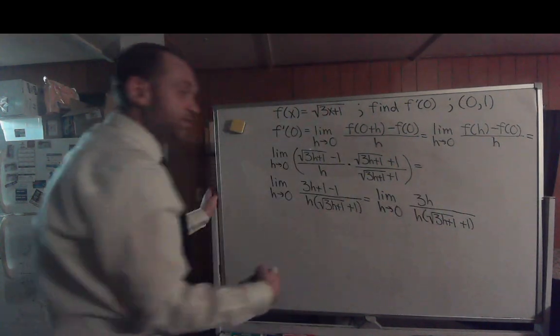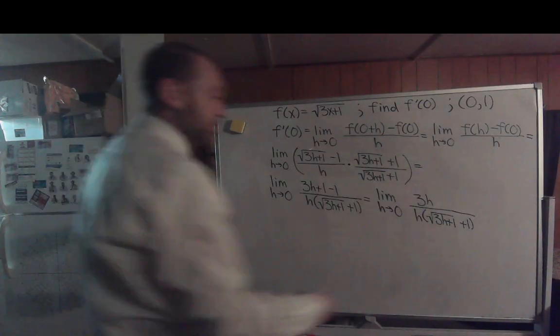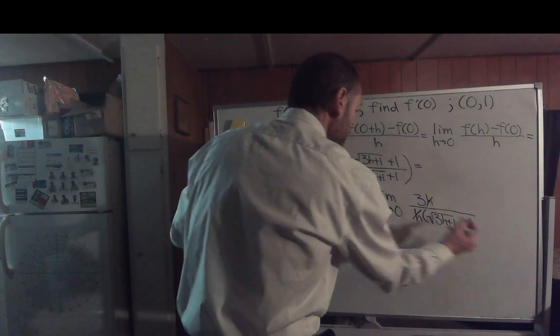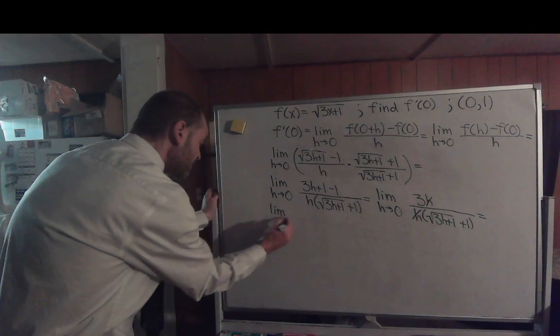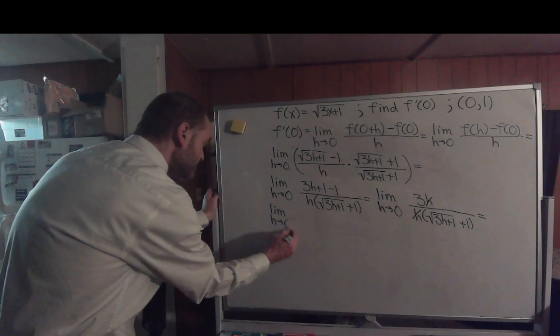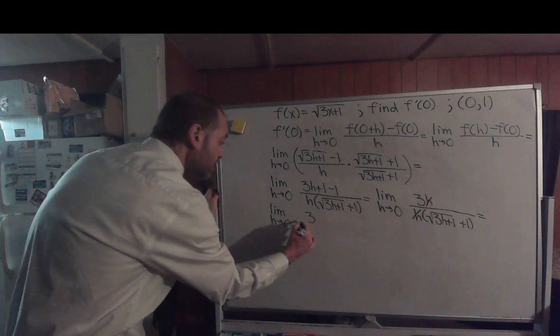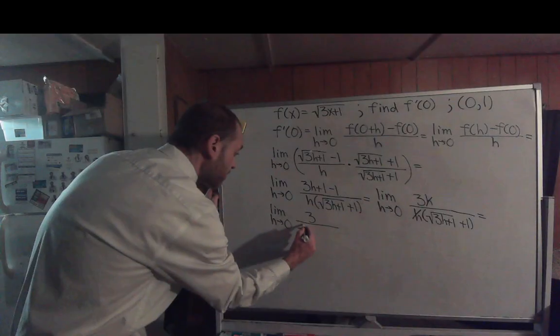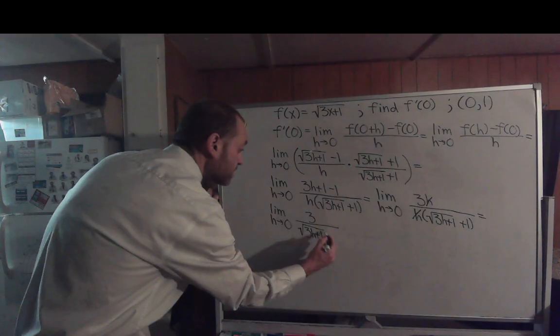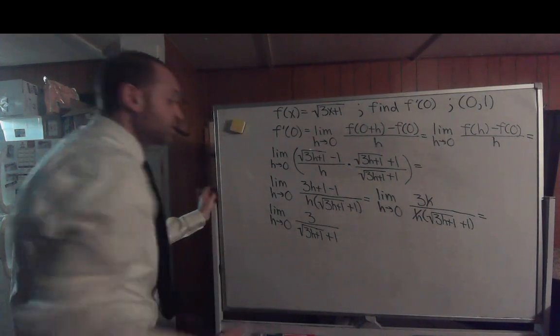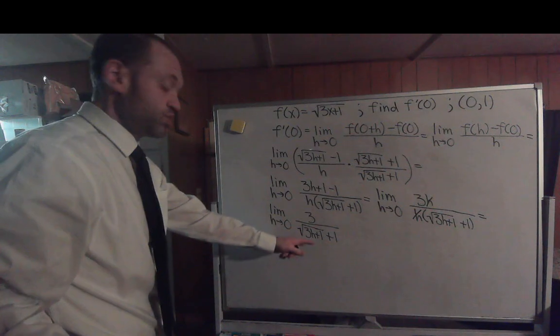Now notice you have an h that'll cancel out between the numerator and denominator. This now turns into the limit as h approaches 0 of 3 all over the square root of 3h plus 1, then plus 1. We can now do direct substitution for h.